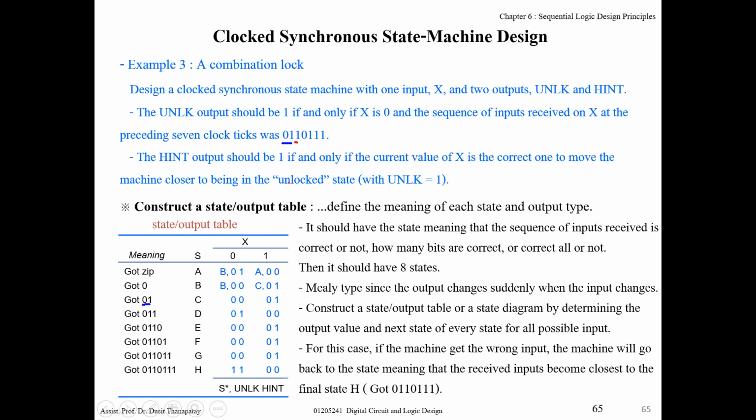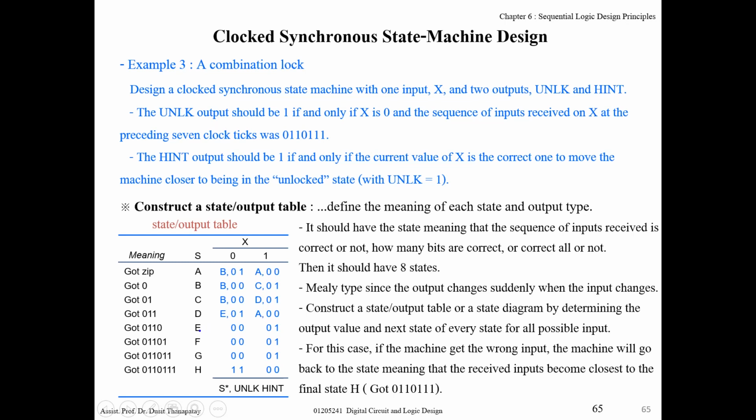If the input is 1, it goes to state D. But if the input is 0, you can reuse this 0 as the first digit of the correct password, so it goes to B. After that, for state D, if the input is 0, it goes to E. But if the input is 1, it cannot go back to C or B. It should go back to A.